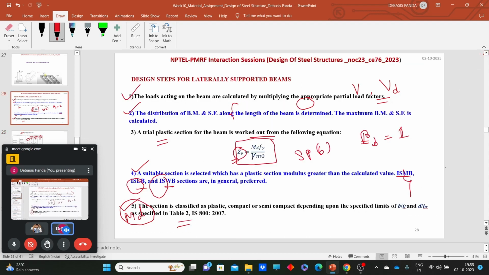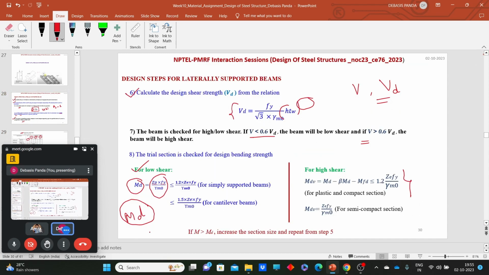in step number 4. Now, if the design bending capacity is more than the factored bending moment generated by the transverse loading, if the design capacity is more than the demand, then obviously the section is safe. You don't need to go for any trial section.